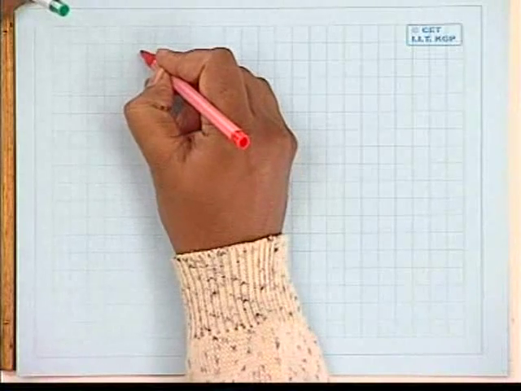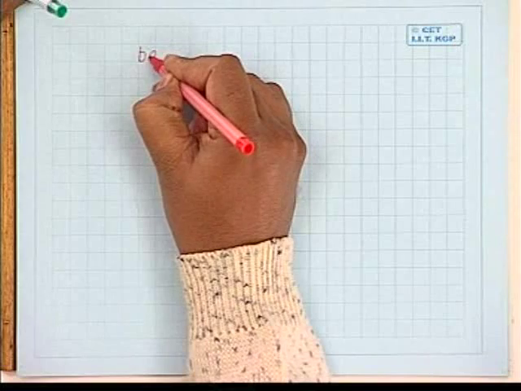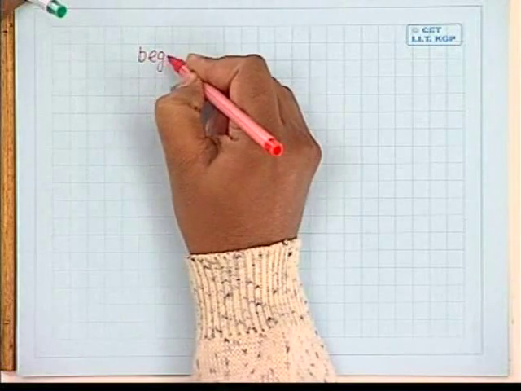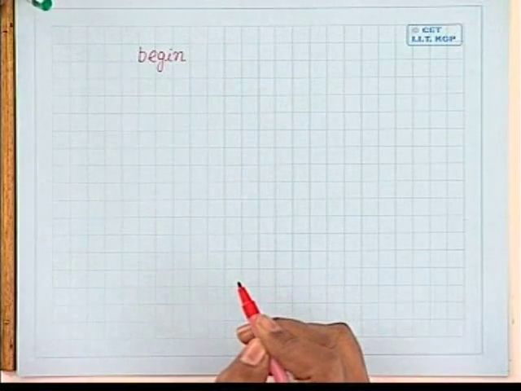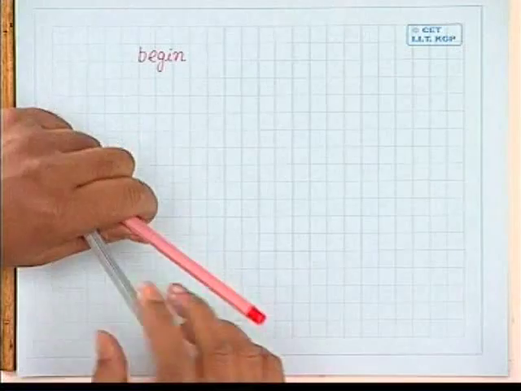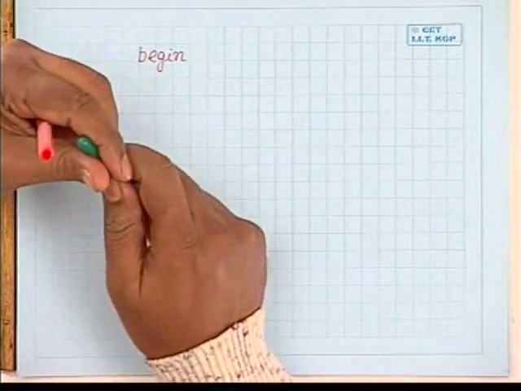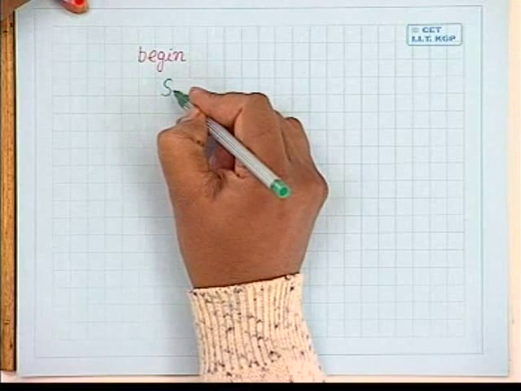I will put them under a begin-end construct. So let us use a Pascal-like language. First we have to have a begin. Following begin, the first statement that has to be executed is statement number S1.